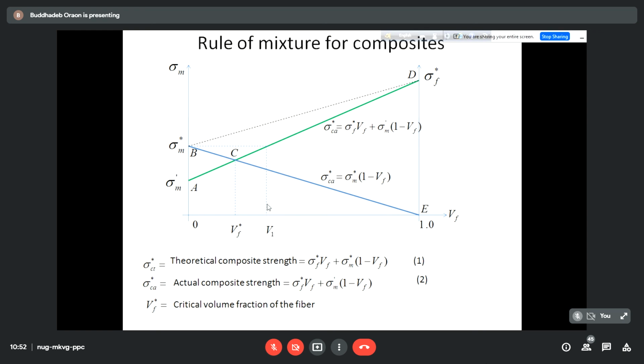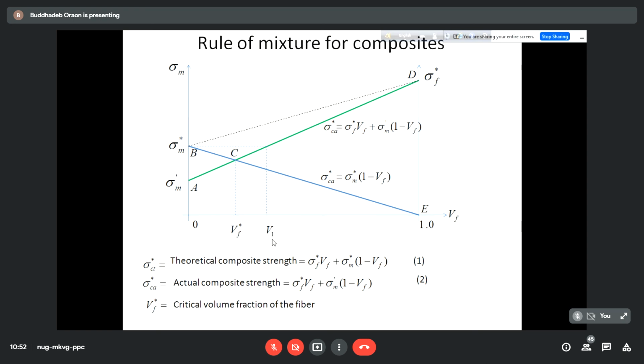Why? If we mix Vf less than this, then obviously the stress level in the composite, you see this line from A to this point, will be less than your sigma m star. If you are not able to increase the strength of the composite beyond your matrix failure strength, then what is the point of mixing the fibers?